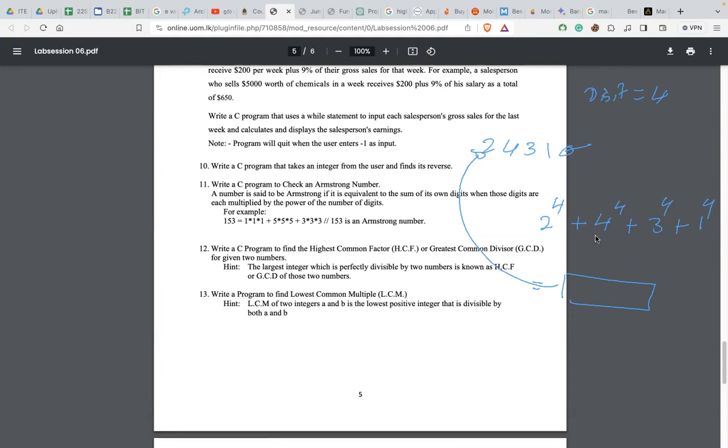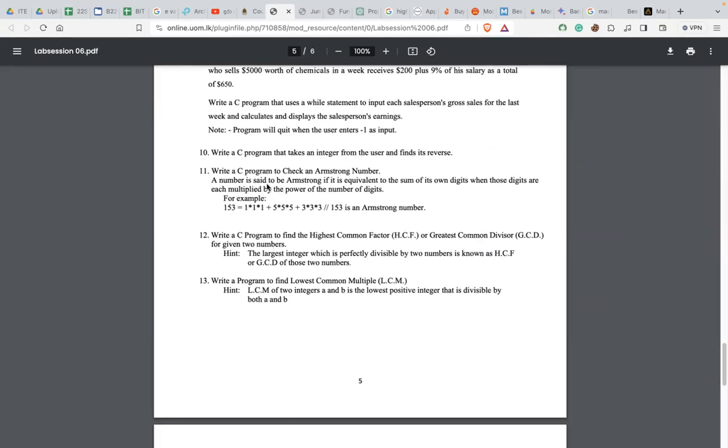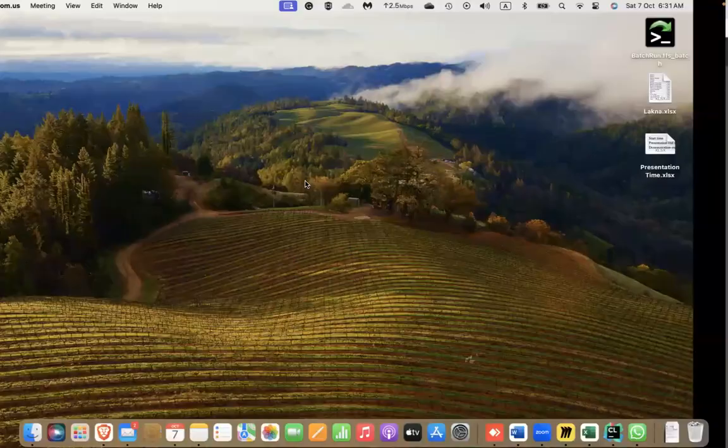Okay, now I think you guys get a proper idea of what it means to be an Armstrong number. Now we are going to calculate the Armstrong number. That means the user needs to input a particular number, and you have to determine whether this is an Armstrong number or not.